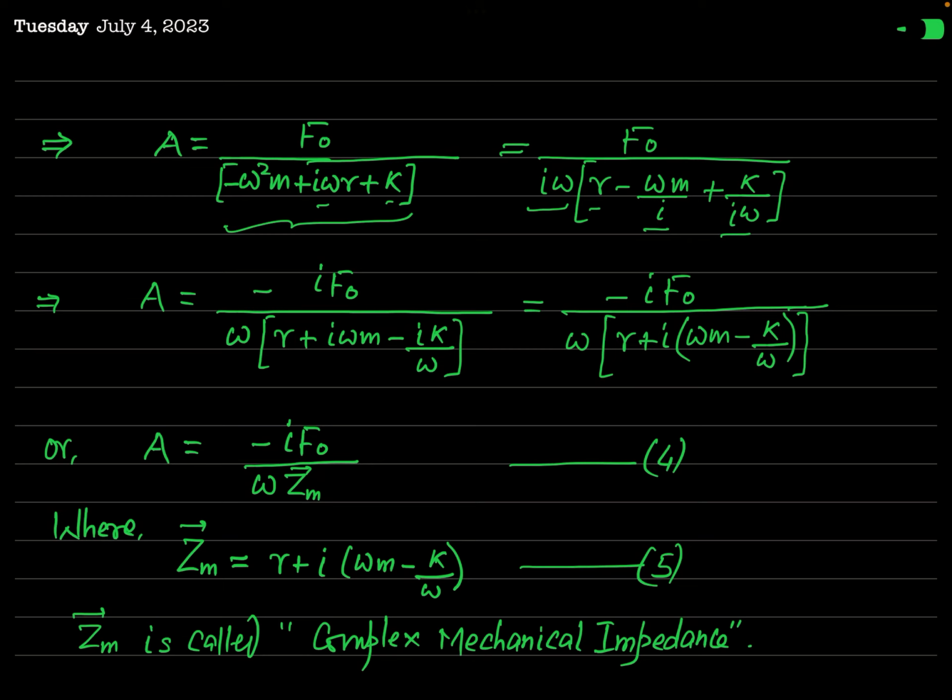Now see, you know that 1 over i is equal to minus i. Definitely you have an idea of it.